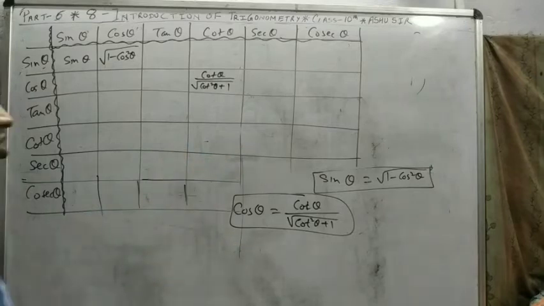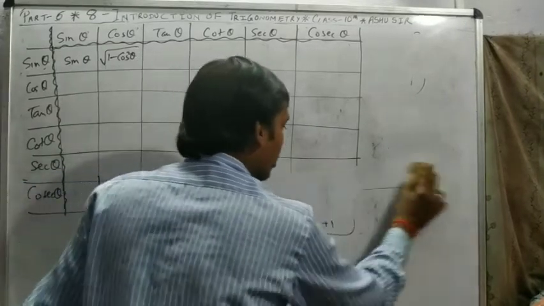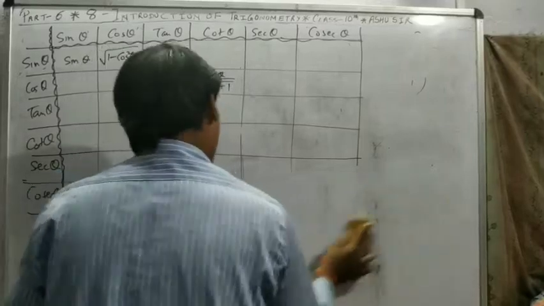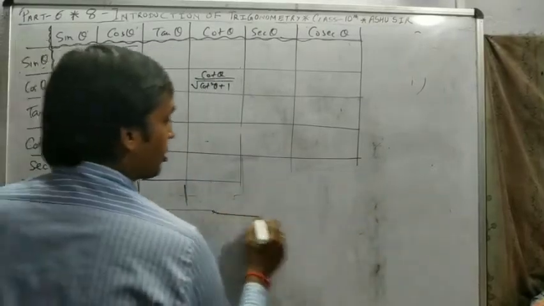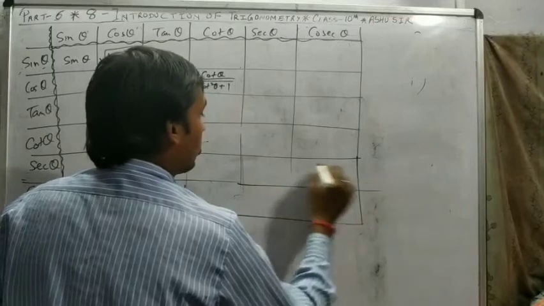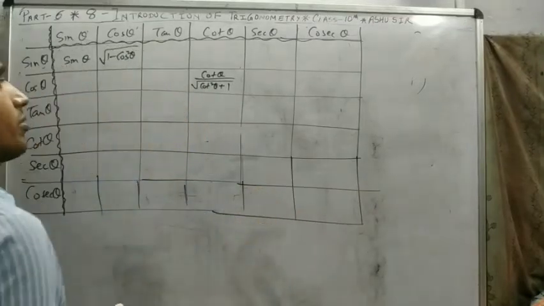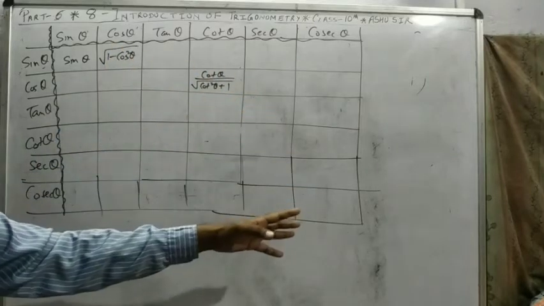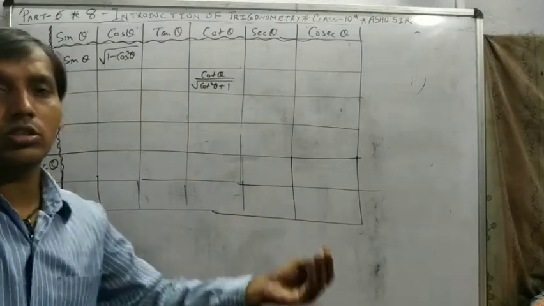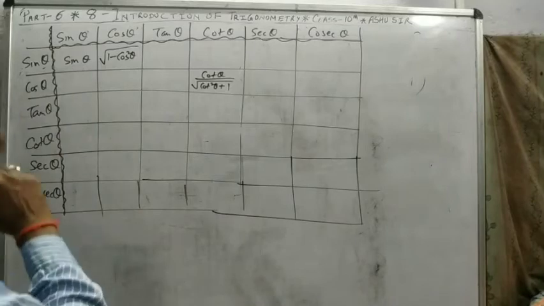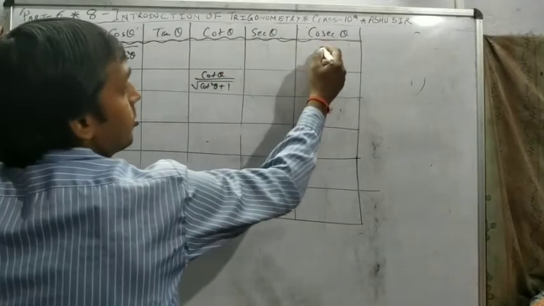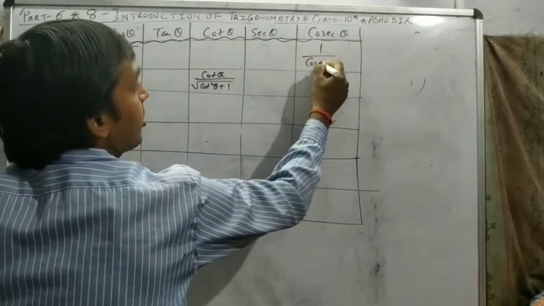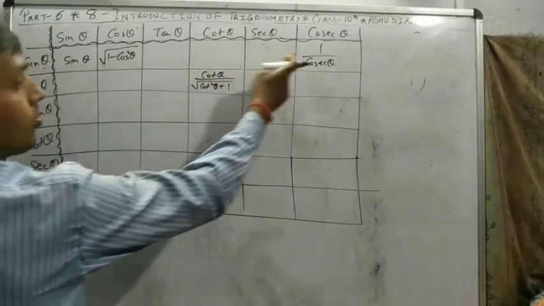It's only for practice and to improve your mind for changing the identities to the relations between all 6 trigonometric ratios. There are at least 36 blocks, but 12 blocks you can easily fill. Sin, cosec form: 1 upon cosec theta, because sin is equal to 1 upon cosec.